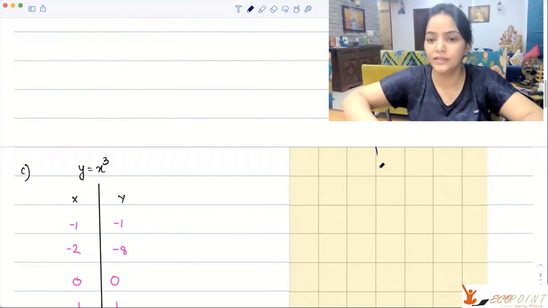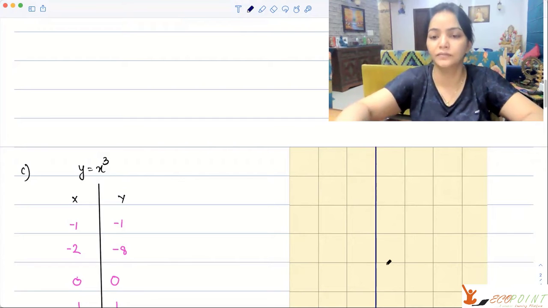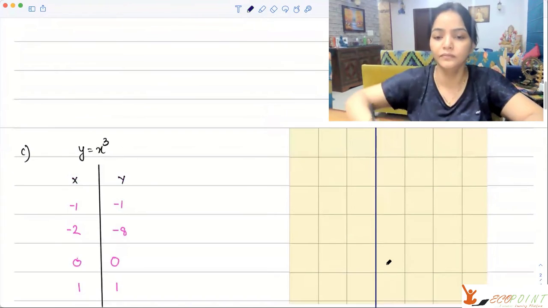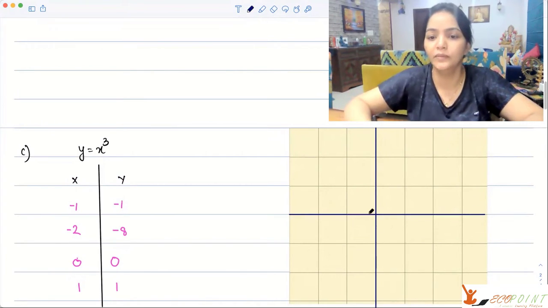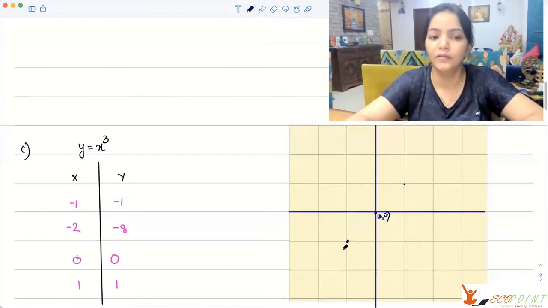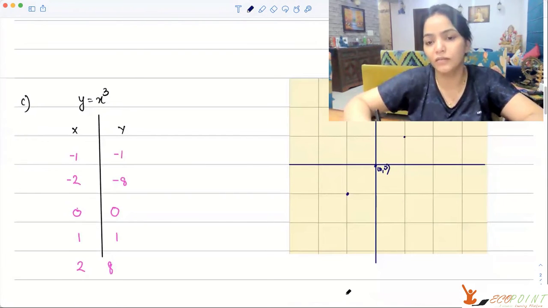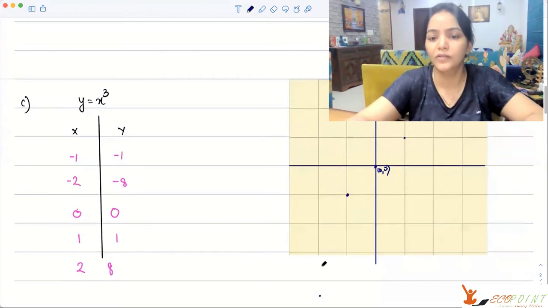So suppose this is your y-axis, and this is your x-axis. Okay, so it's going to cross 0, 0. Then for 1, you are getting 1. For -1, you are getting -1. But then suddenly, for -2, there is a jump and you are somewhere very far. So of course it cannot be linear.